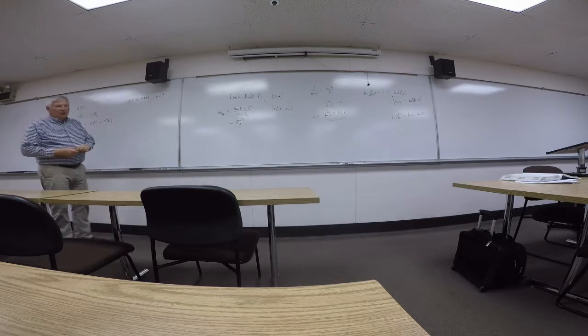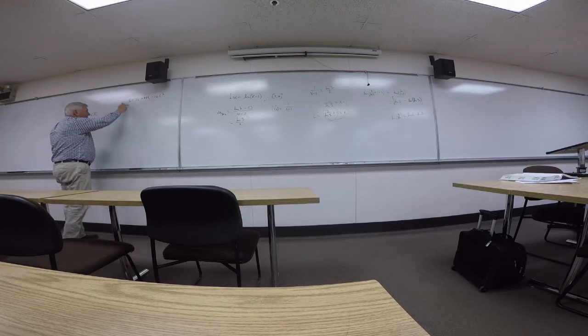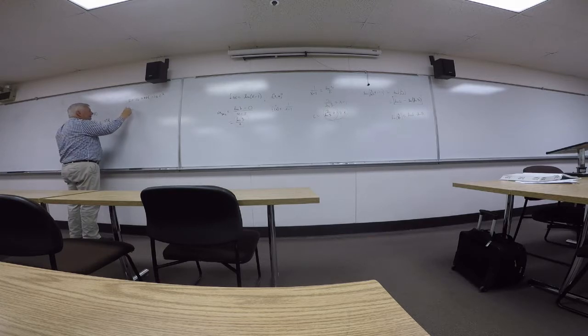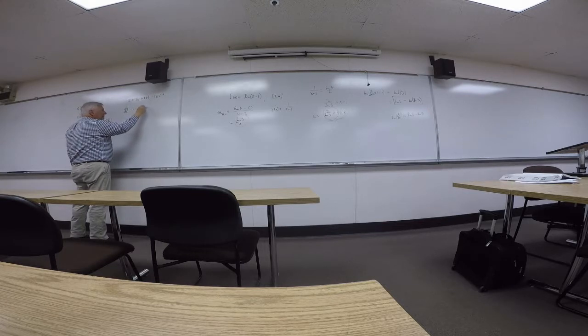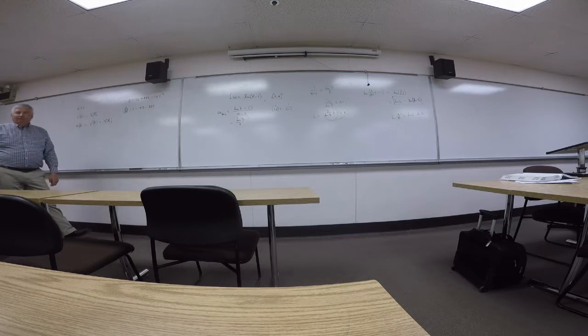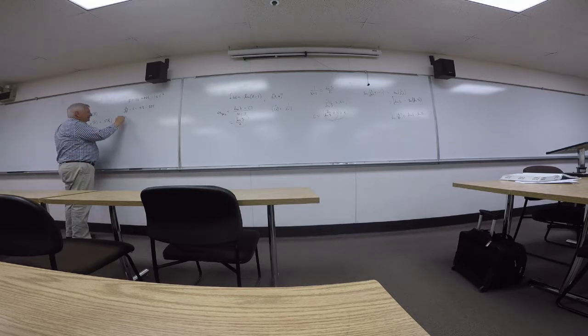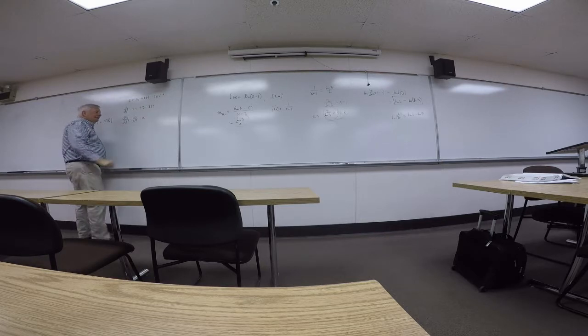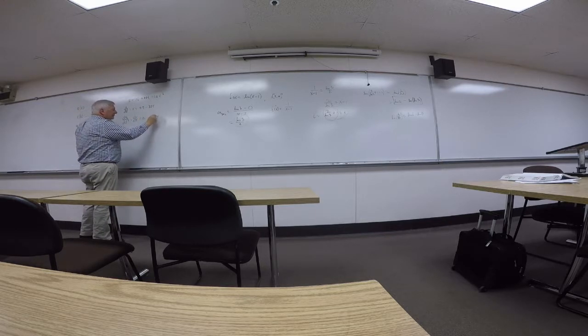Those may or may not change in time. Take the derivative of this, ds dt, velocity is 48 minus 32t. And if I take the derivative of that, the second derivative of s with respect to time squared, or dv dt, which is acceleration, is negative 32.